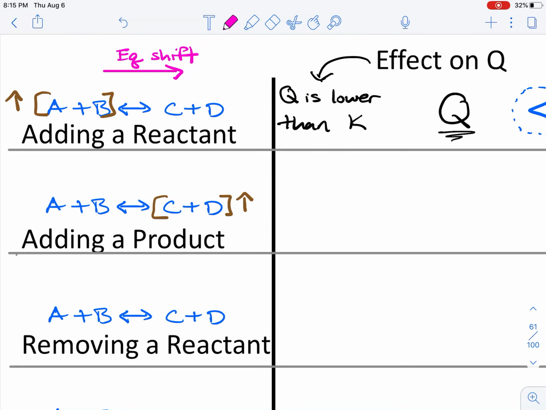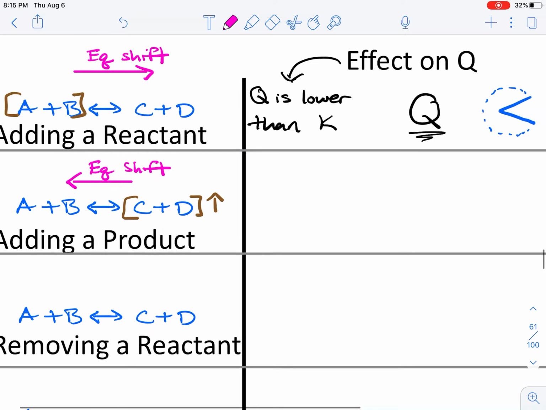Based on your knowledge of Le Chatelier's principle, we know that if we increase product, the chemical system will respond by consuming the product, thus producing more reactants. So the equilibrium will shift to the left.